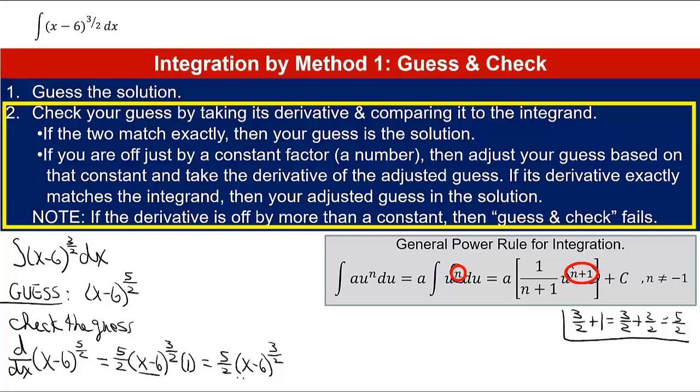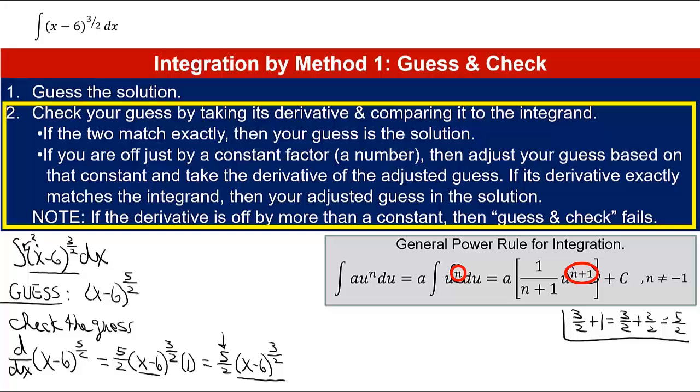So does it match exactly? And the answer is not quite. You have the x minus 6 quantity to 3/2, but you don't have a 5/2 in the integrand. There is no 5/2 there. So you didn't get an exact match.